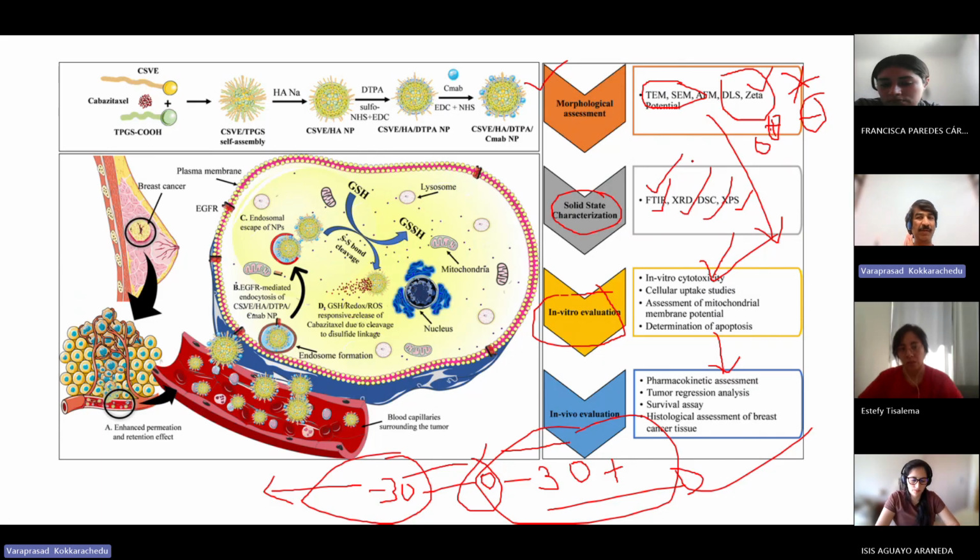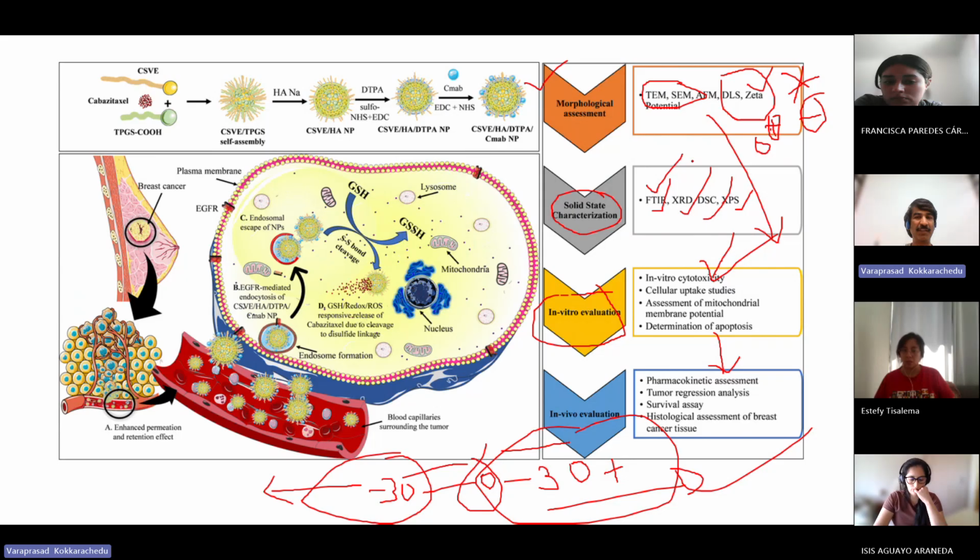Okay, we have to keep in mind: after synthesis of the nanoparticle, we have to study their solid state characterizations and morphology characterizations. Then we go for the in vitro studies.